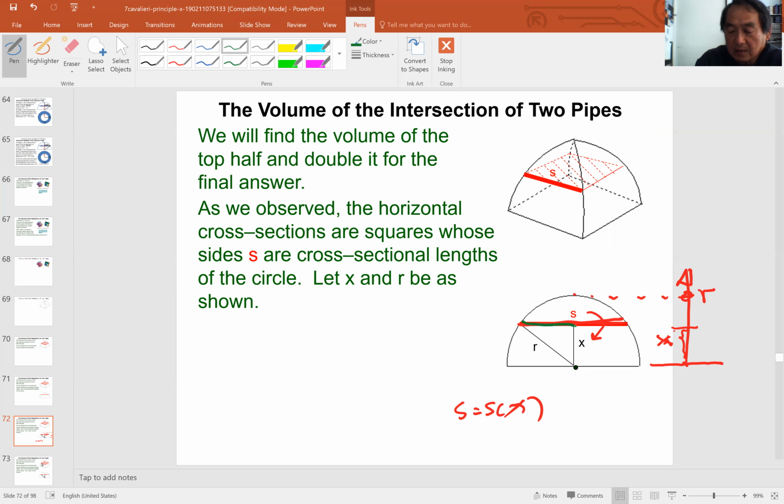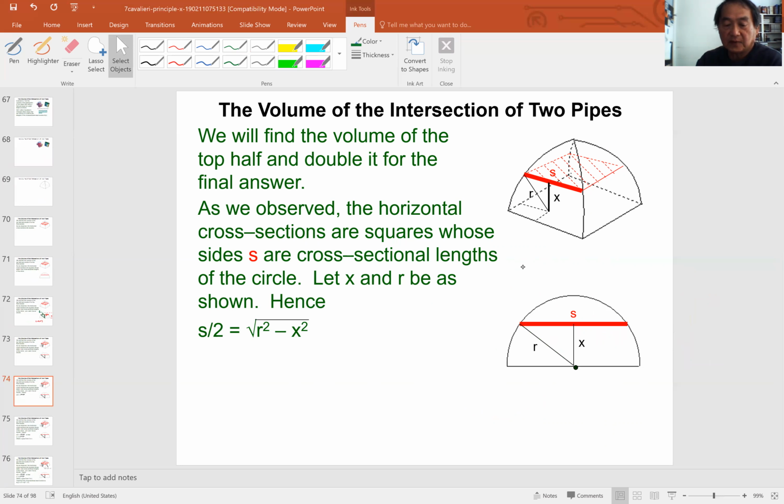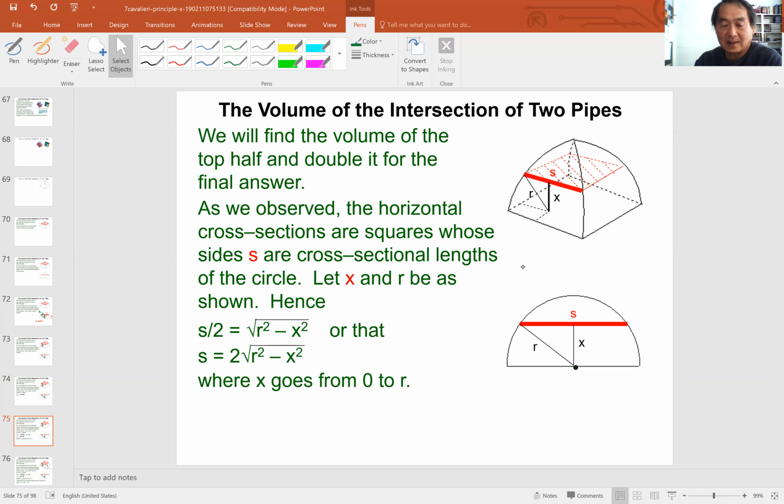That's just from the Pythagorean theorem right here. So instead of calculating that, I'm going to calculate half of s, then double the answer. The Pythagorean theorem says half of s is the square root of r squared minus x squared. And so s is twice that. And this is s also, because this is symmetric.